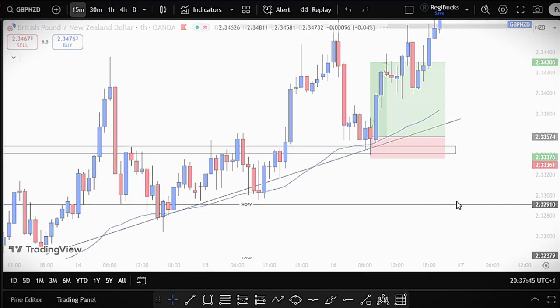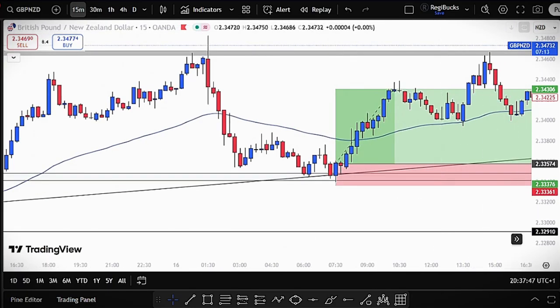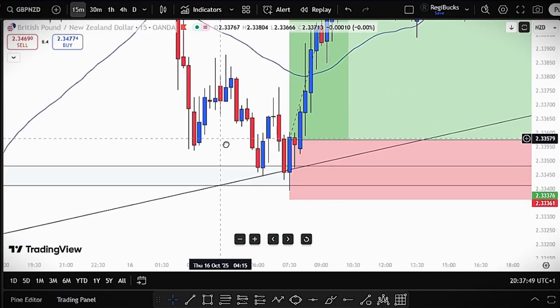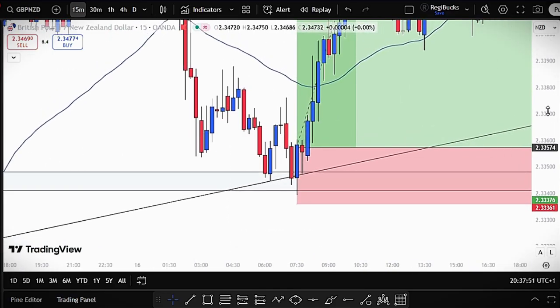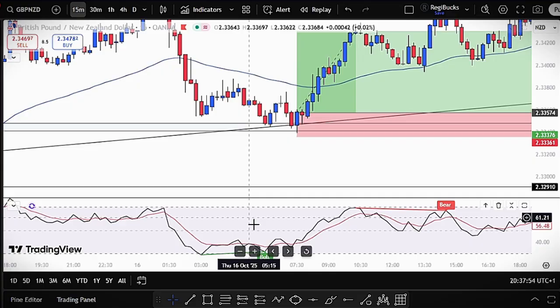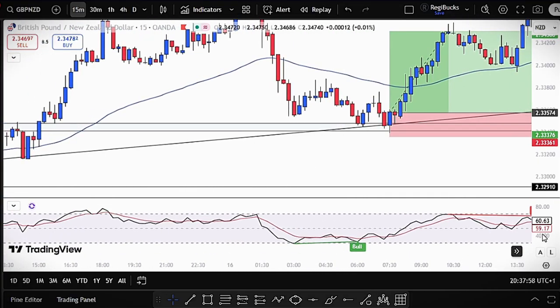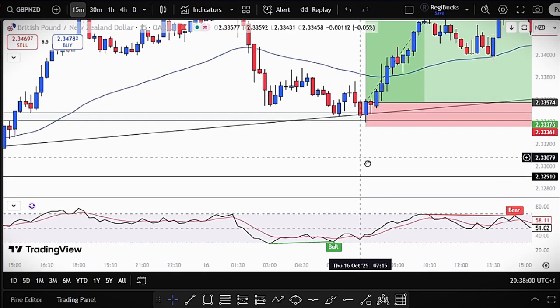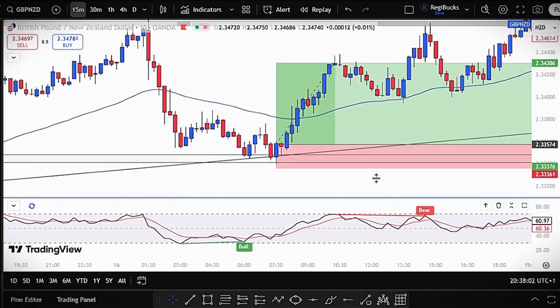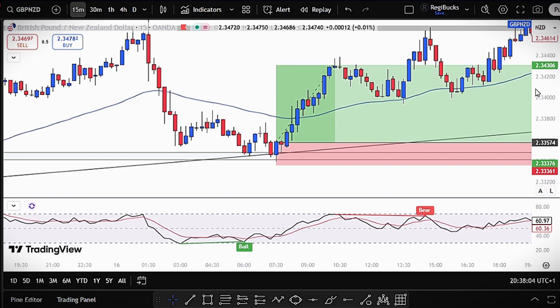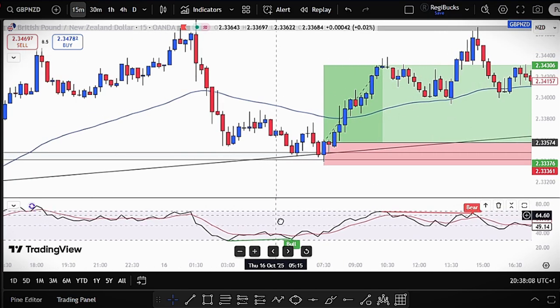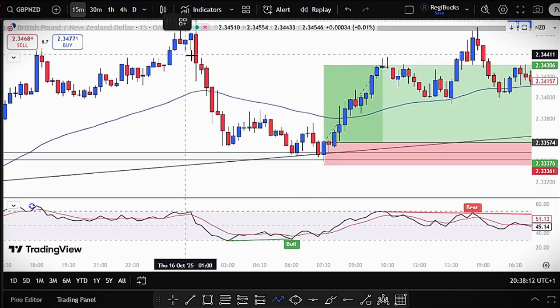And then come down to the 15-minute time frame now. Let me show you how the RSI also added much more confluence to this trade. So now as you can see, we're coming down here.